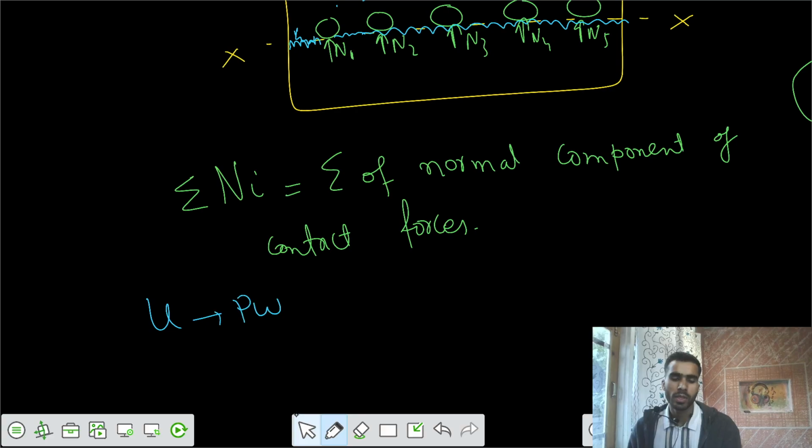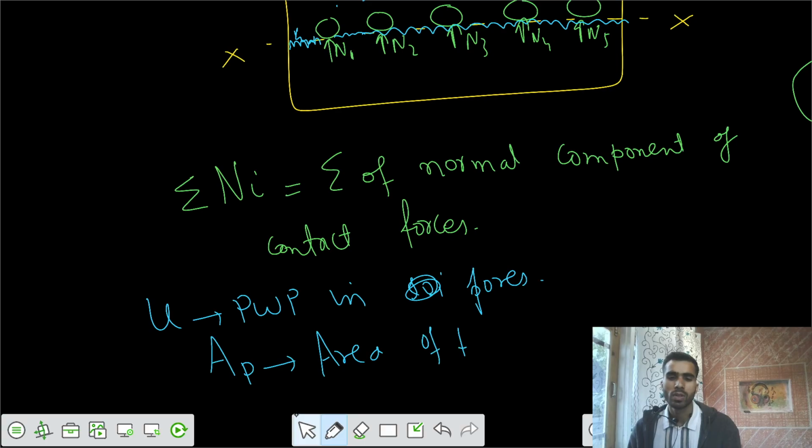This is the pore water pressure in the pores, and there is some area of the pores on which this pore water pressure acts.